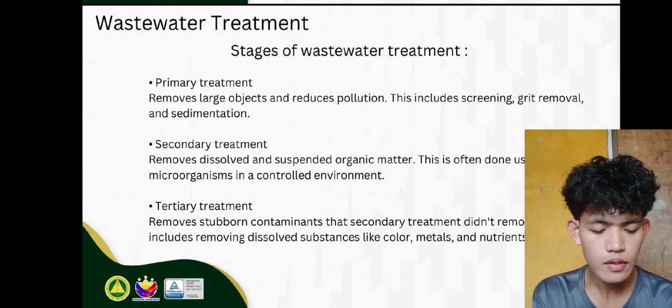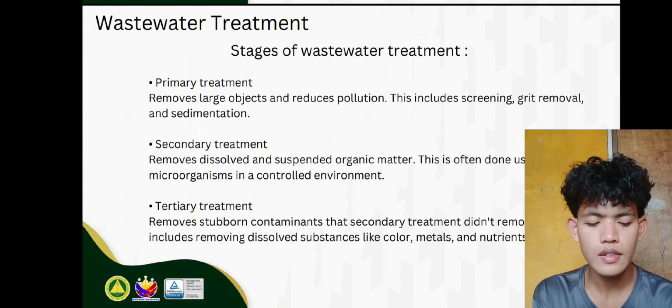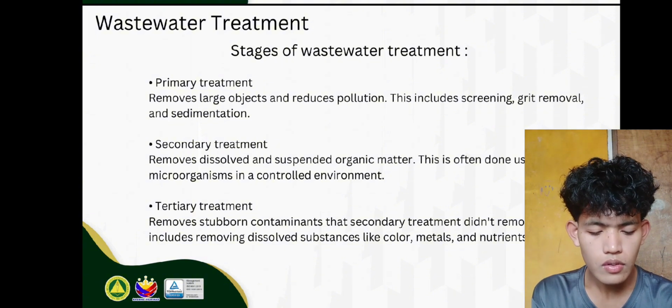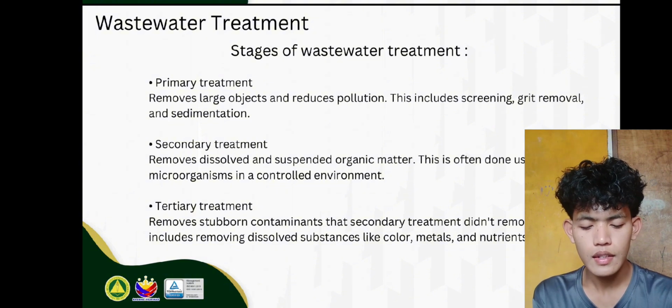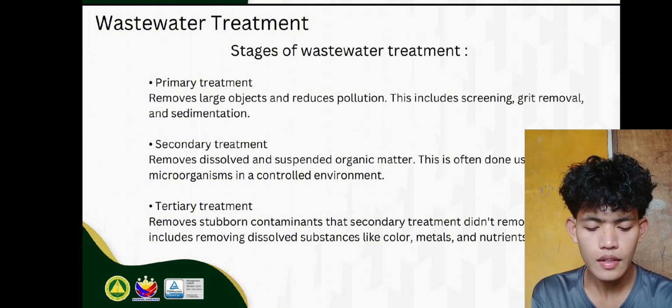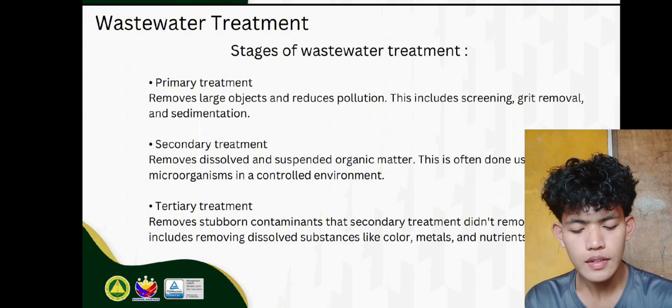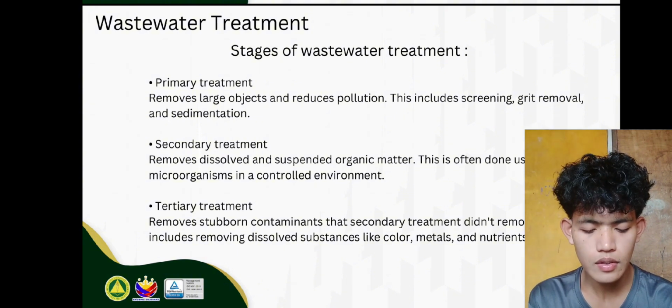This is often done using microorganisms in a controlled environment. And the tertiary treatment removes stubborn contaminants that secondary treatment didn't remove. This includes removing dissolved substances like color, metals, and nutrients.